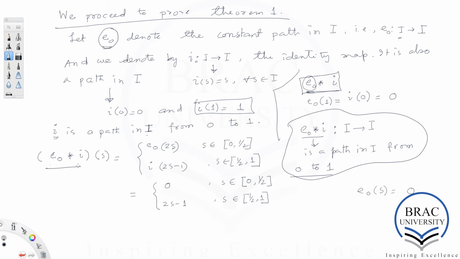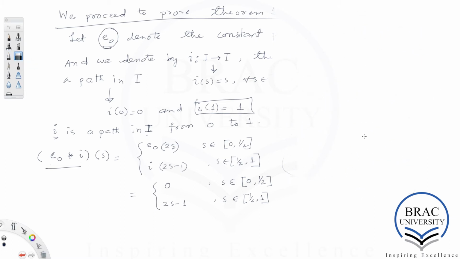Now it's convenient to have a look at the graph of this product, for which I draw a picture here. Along the x-axis is S, and along the y-axis is U, where U is a function of S. We are considering linear maps here.